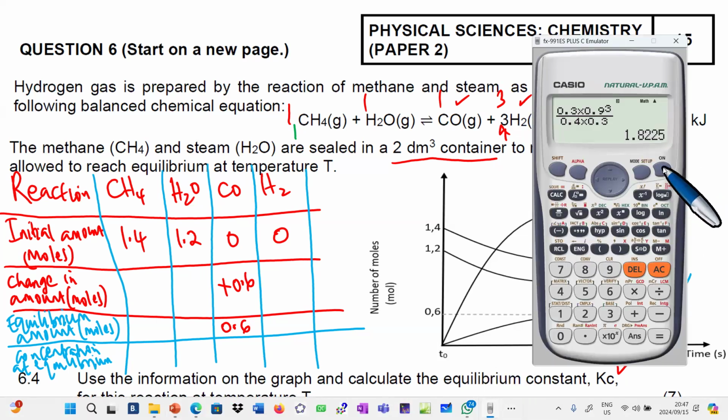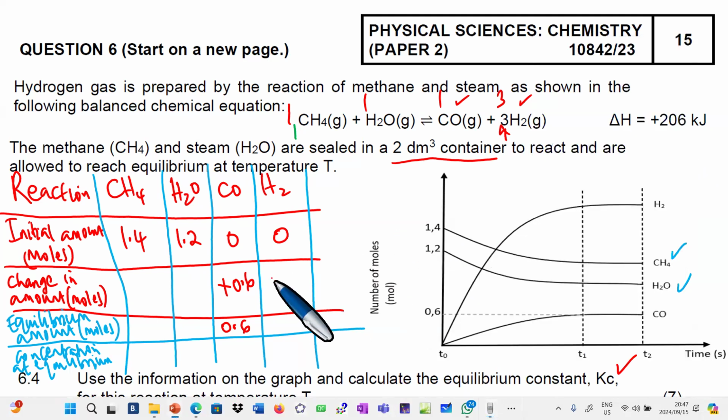So now you take 0.6 times 3, which is 1.8 moles.